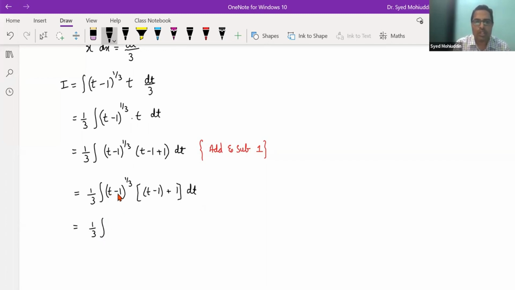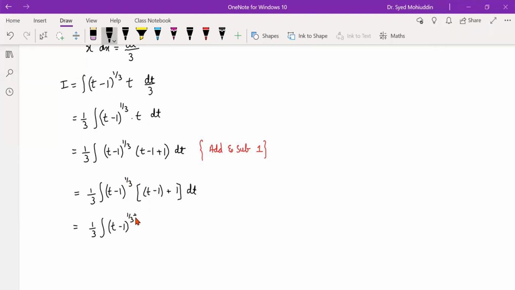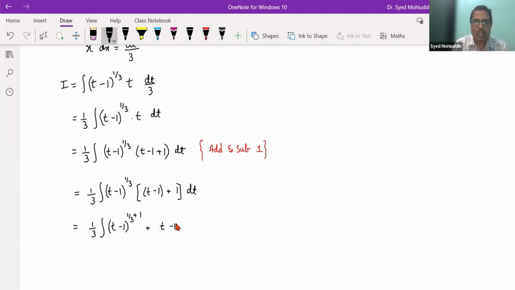Now let us multiply this t minus 1 with this t minus 1. When you multiply, the base is the same, so you add the powers: 1 by 3 plus 1. Plus, again you multiply this t minus 1 to the power of 1 by 3 with this 1, so you'll just get t minus 1 to the power of 1 by 3.